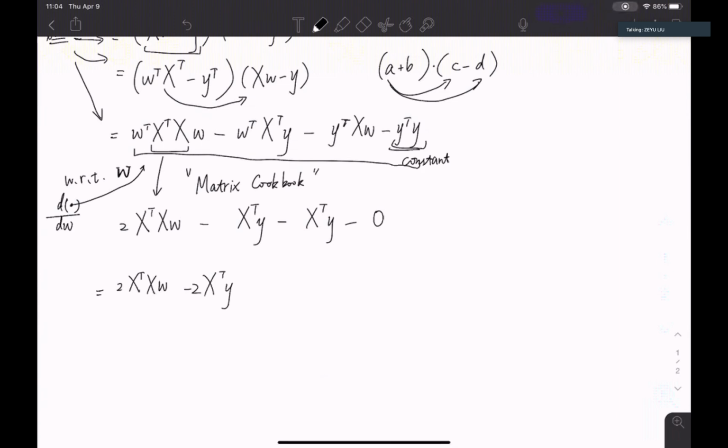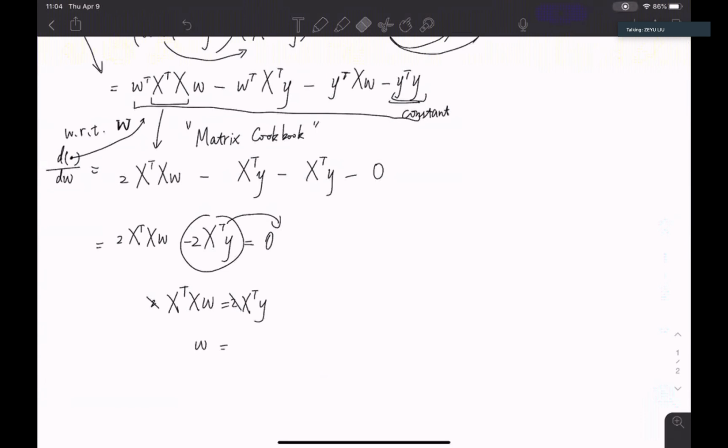And okay, how do you do this? Now we're just going to set this derivative to be 0. Now we have this expression. We can move this to the other side. But 2 and 2 is canceled.